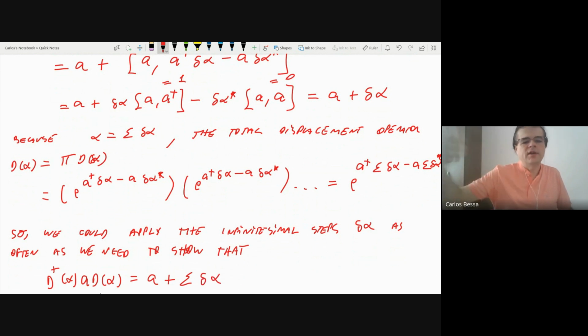So if you apply it many times, the sum of the small displacements is just the total alpha.